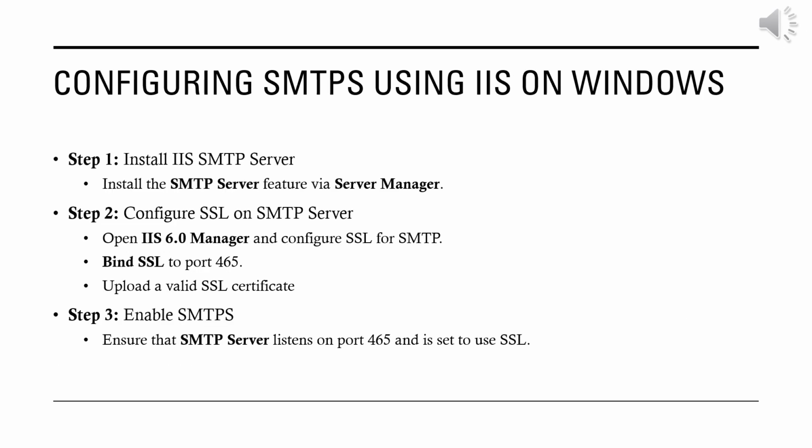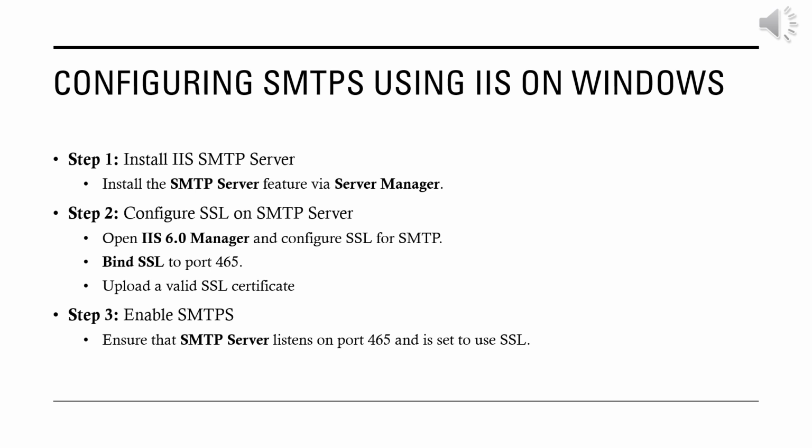Configuring SMTPS using IIS on Windows. Step one, you want to install the IIS server by installing the IIS server feature via Server Manager, this will help get everything started. Step two will be to configure SSL on the SMTP server.